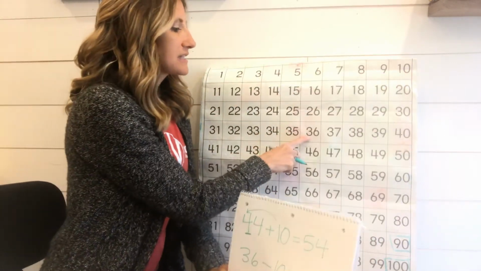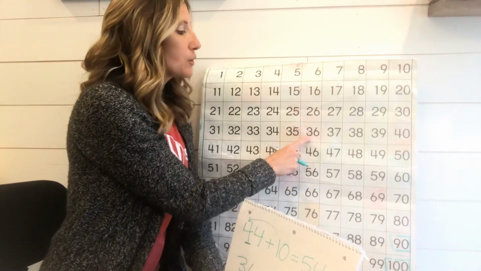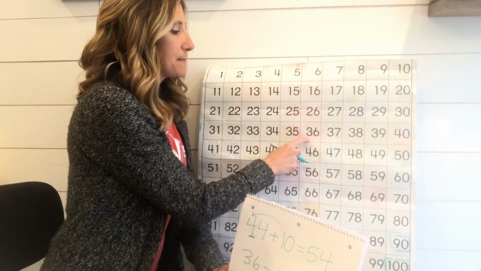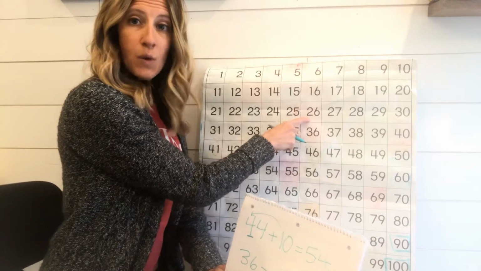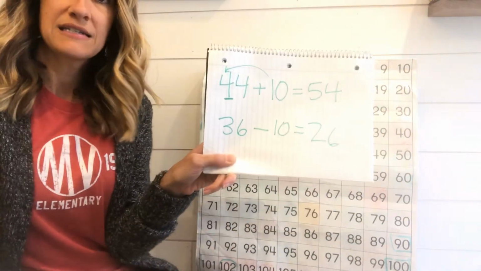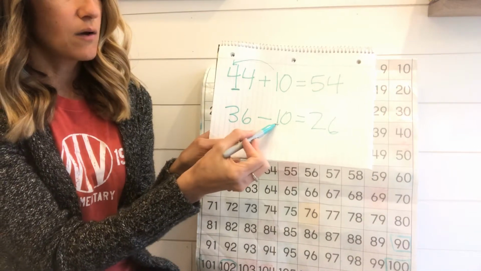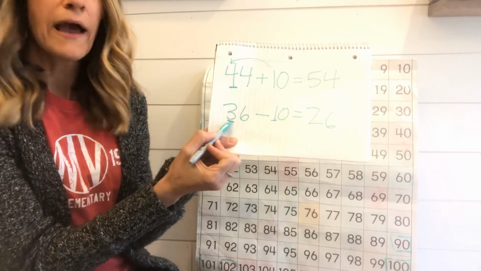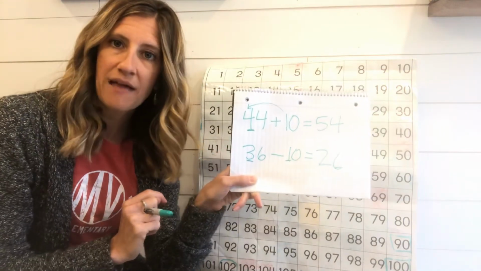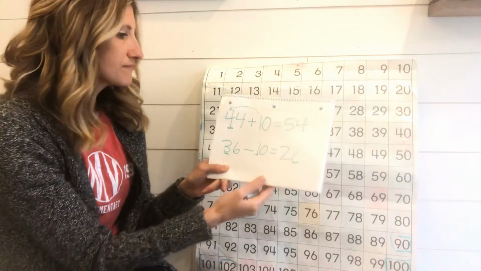So 36 minus 10 means you're going to go up because this number is getting smaller. So 36 minus 10 is 26. We just took one 10 away from the 3 because that is in the 10 spot. That is how many 10s we had.